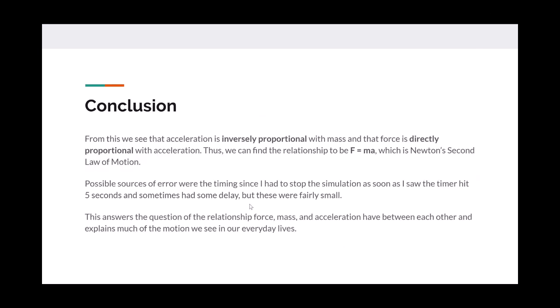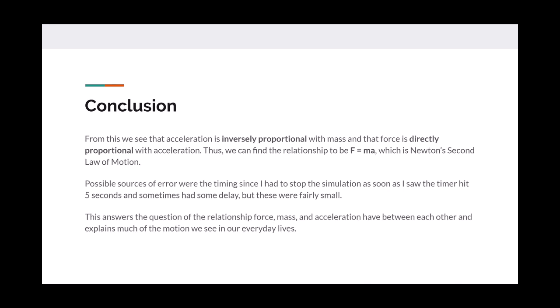In conclusion, the data from part 1 shows that acceleration is inversely proportional with mass. The data from part 2 shows that force is directly proportional with acceleration.